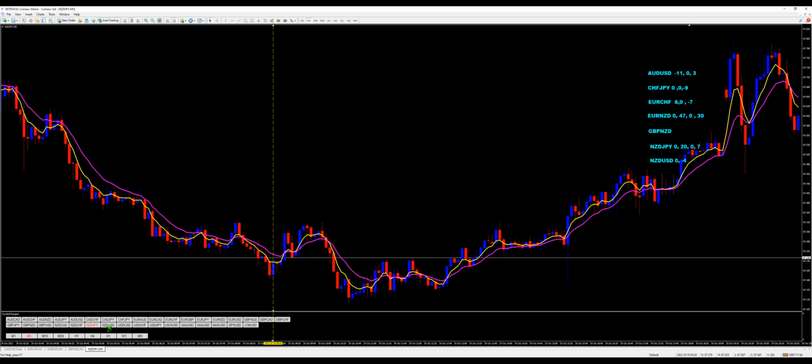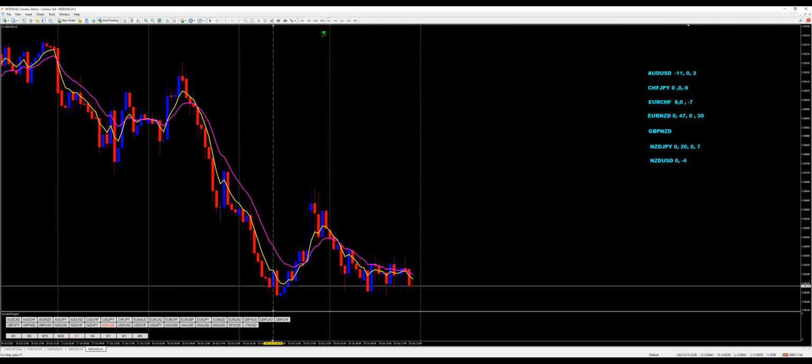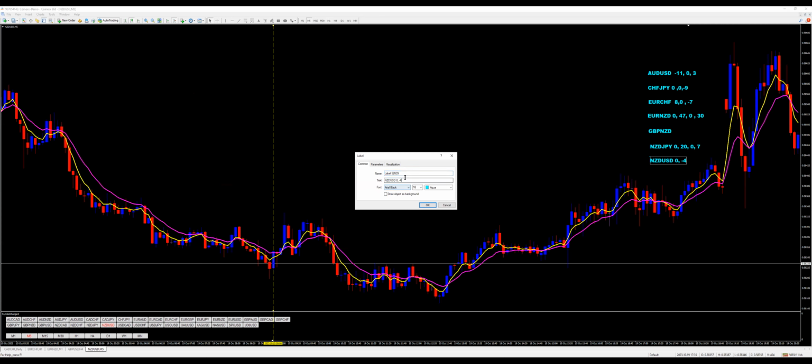NZD dollar, also a short. So the H1. It is set. So here's the trade. Also some pips. Not a very exciting week so far.